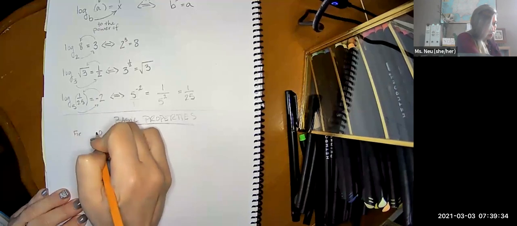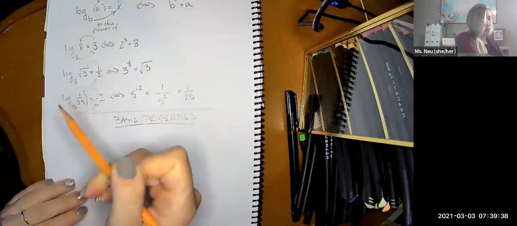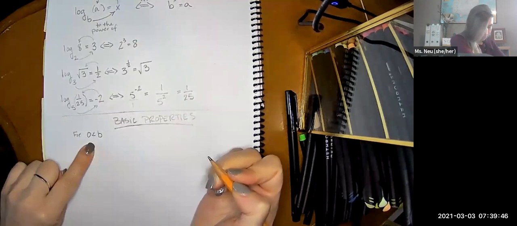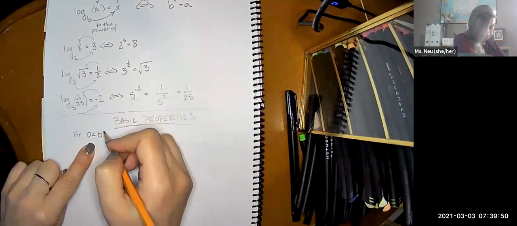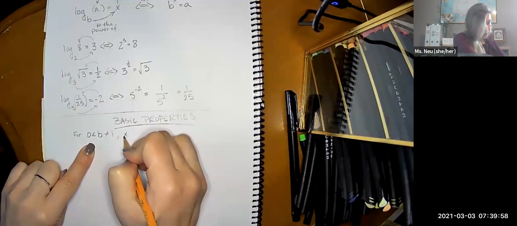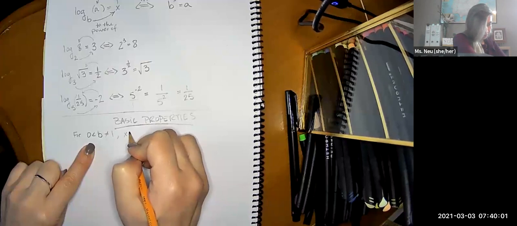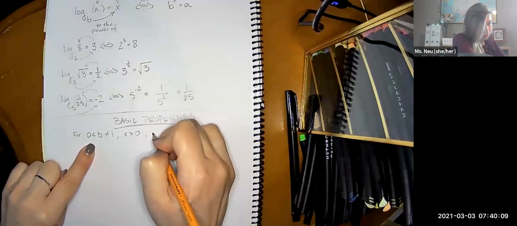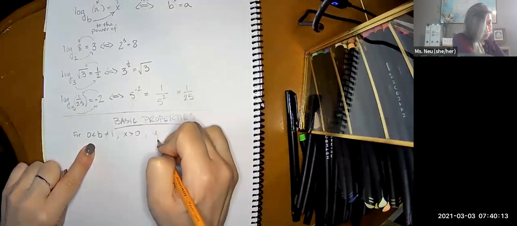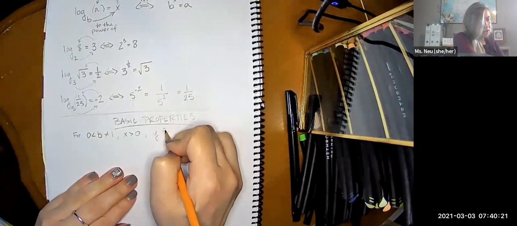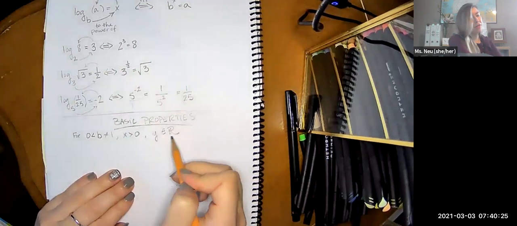I'm going to say for all the values of b that are greater than 0, fancy way of saying positive, and b is not equal to 1, also where x is greater than 0, and y is an element of any real number. Y equals any real number.